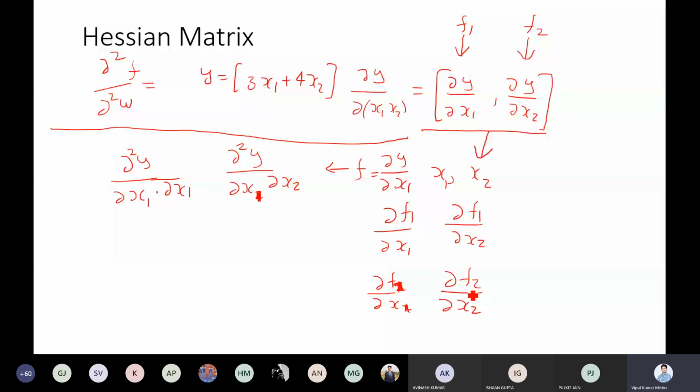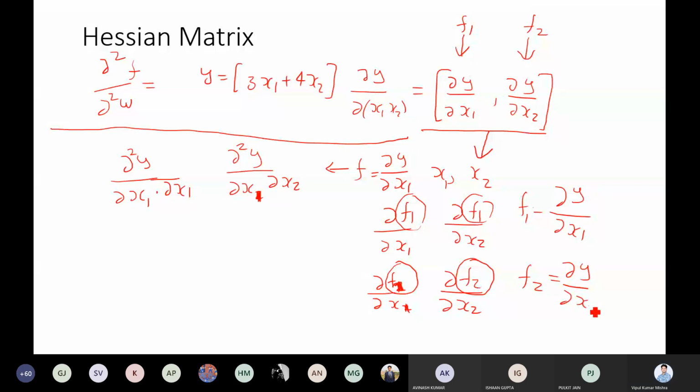Now replace these with the original values. The original value of f1 is del y with respect to del x1, and f2 is del y with respect to del x2.